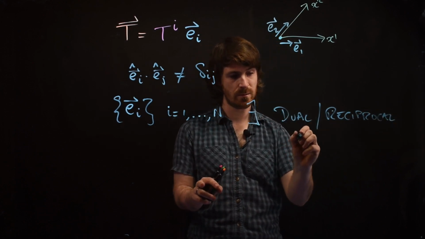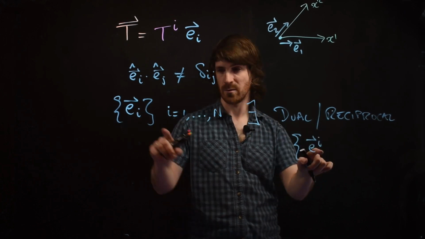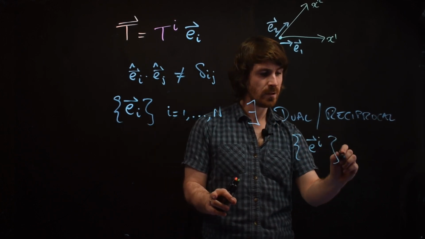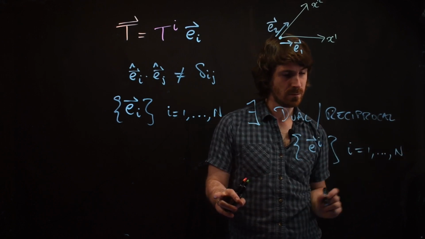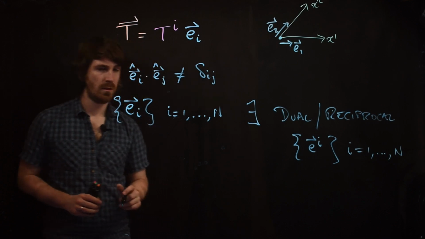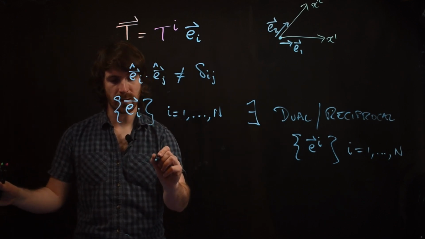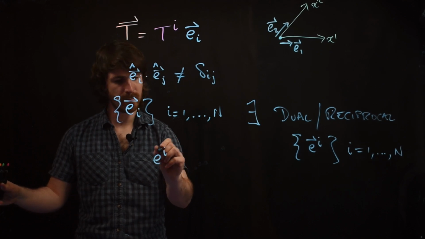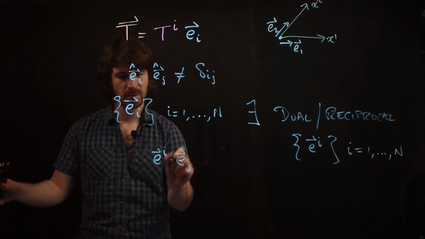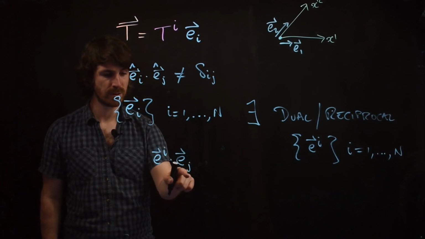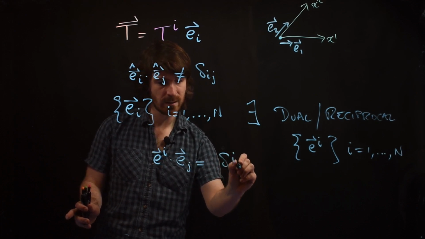We call this e superscript i to distinguish it from this, and it again is n-dimensional. And these dual basis vectors have the property that e^i, a dual basis vector, dotted with a natural basis vector e_j, equals delta^i_j.